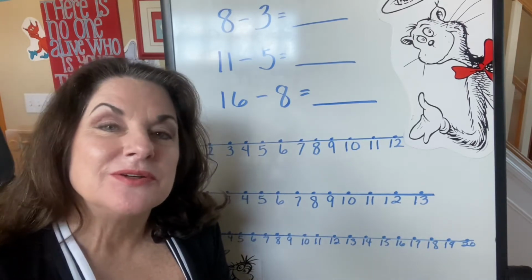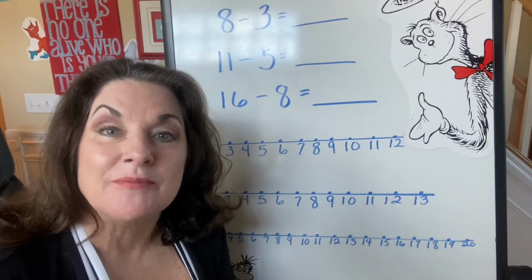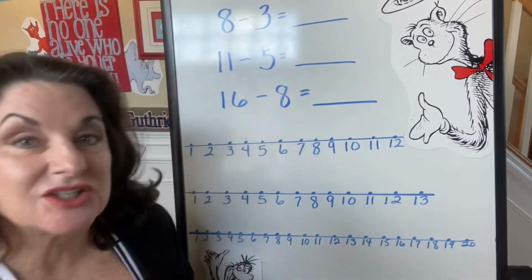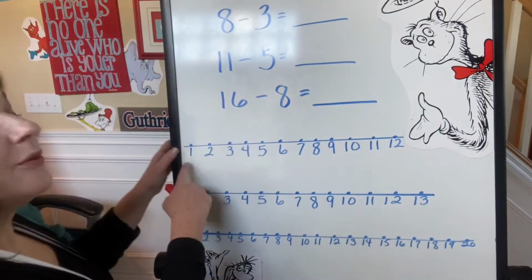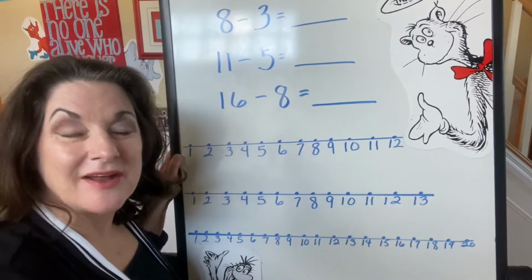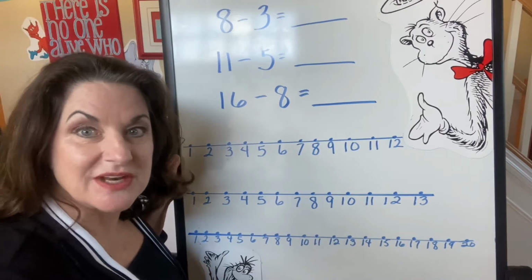So when we do this subtraction, today we're going to do it on a number line. Now, I know that a number line can start at 1 and it can go on forever and ever and ever, to infinity and beyond, because our numbers never stop.